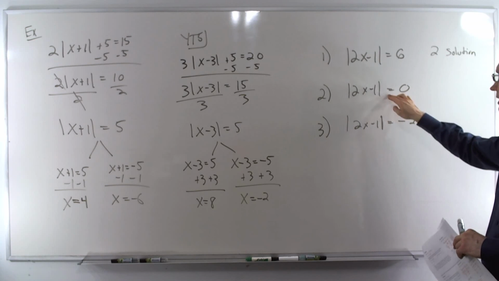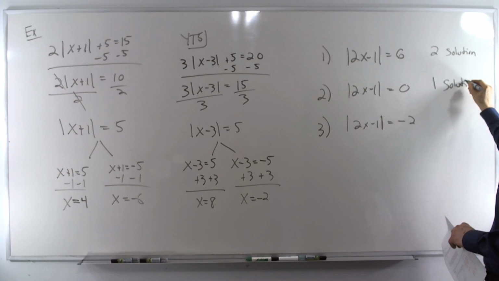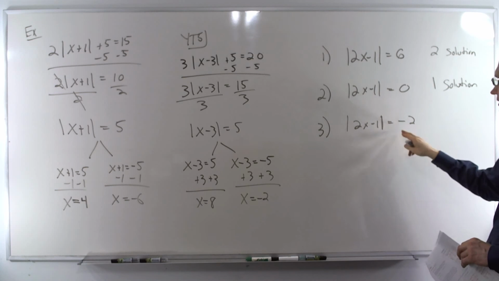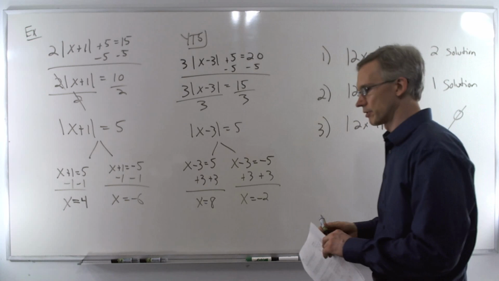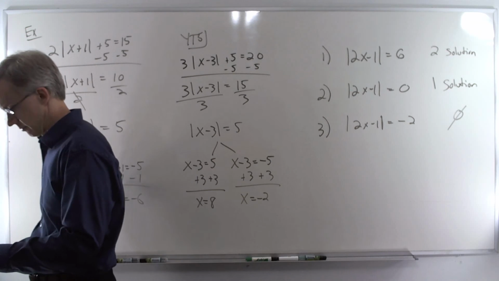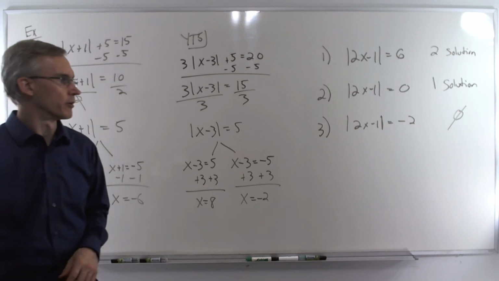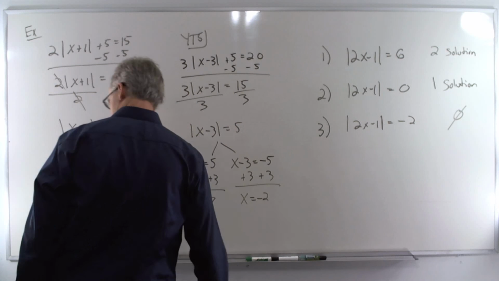If you have an absolute value equal to 0, 1 solution. And if you have an absolute value equal to a negative number, absolute values can never be negative, so no solution to that one. So there's your 3 different scenarios. And in a moment, we'll see exactly why you only get 1 solution to those.